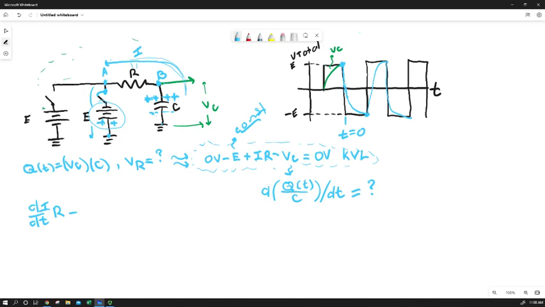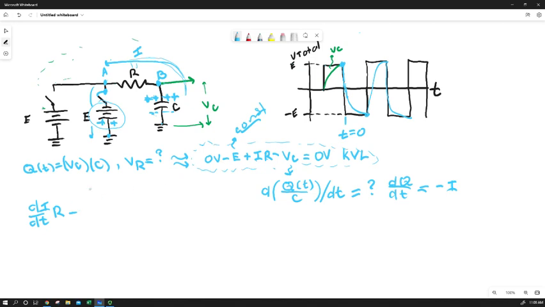In fact, you could say that it is the discharge, the reduction in charge, the negative time rate of change of charge on the capacitor that produces the current, together with our negatively oriented battery. So we can say dq dt equals negative I. And that becomes very important in achieving the expression that we want down here.